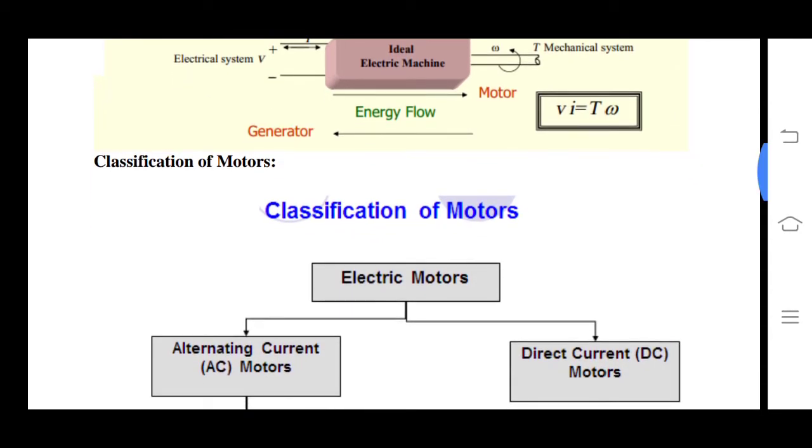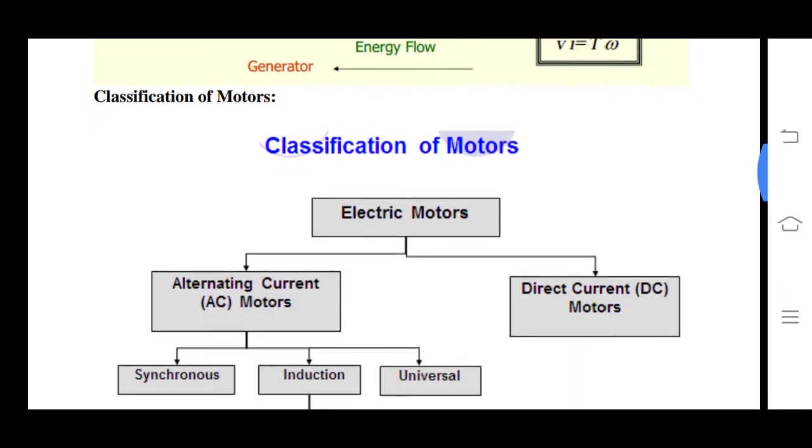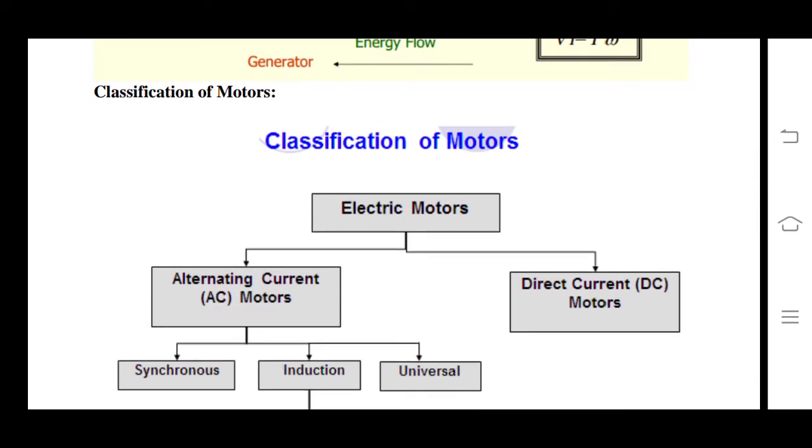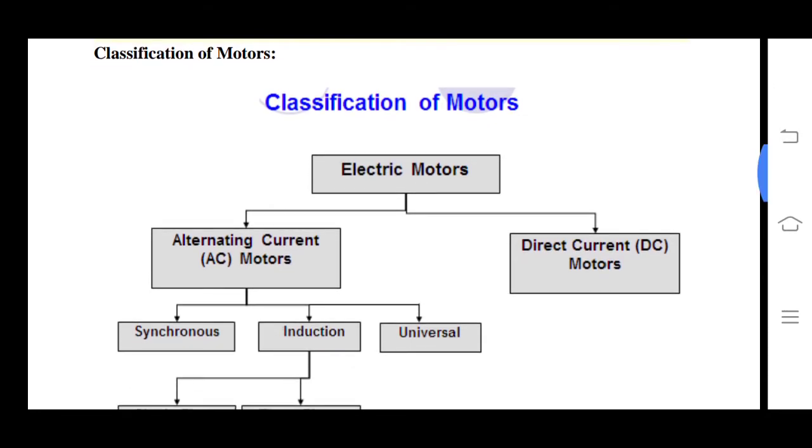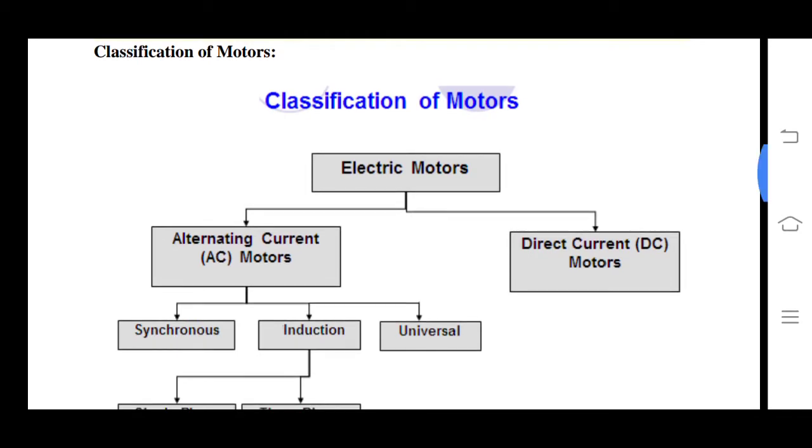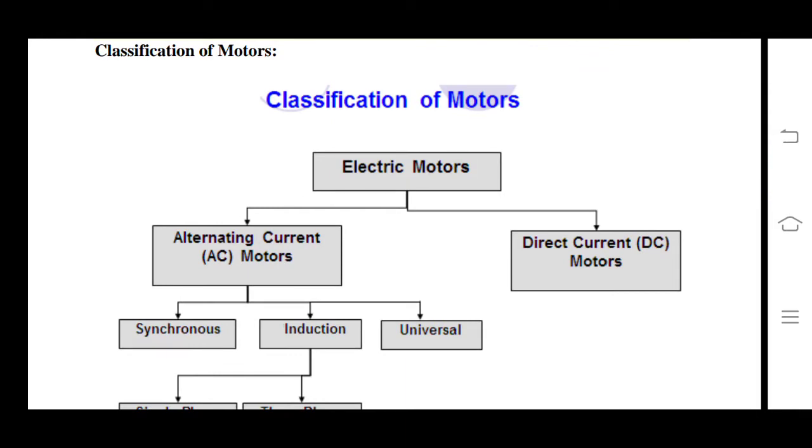Now, the classification of motors. Electrical motors are alternating current motors and direct current motors, so we can say AC motors and DC motors. The difference between an AC motor and a DC motor is only the supply.